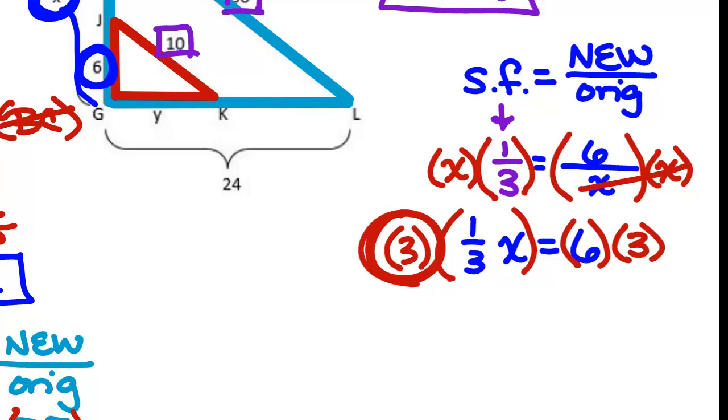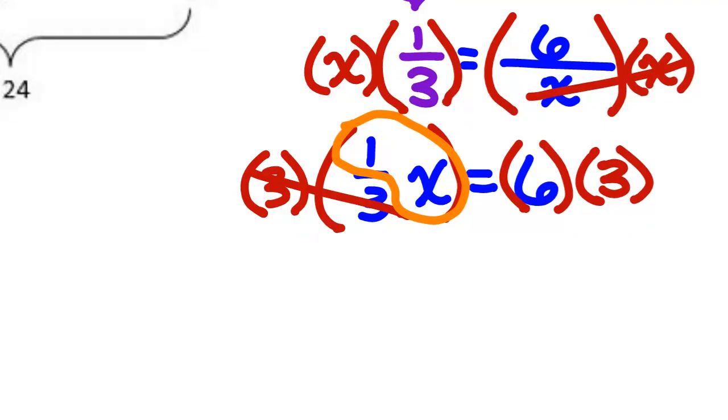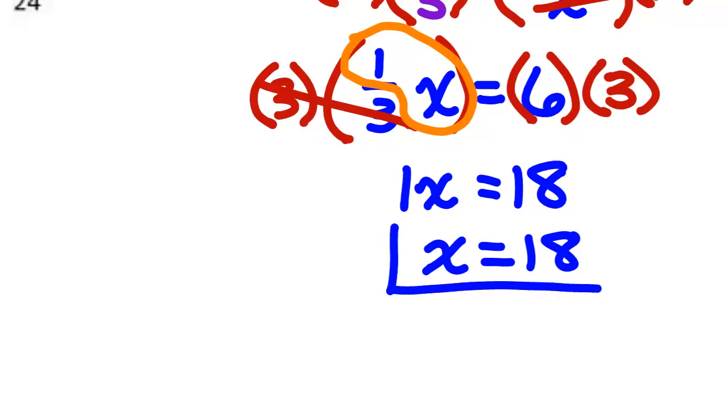The 3 here that we're multiplying by and the 3 down in the denominator are going to cancel each other out. And so what I have remaining on the left-hand side is the 1 and the x. So I have 1x equals, what is 6 times 3? 18. And 1x is the same thing as just x, or you can divide both sides by 1, but if I divide by 1, it stays exactly the same. So x is 18.